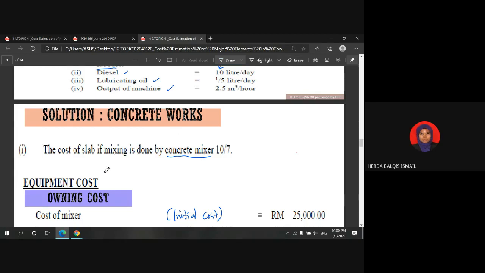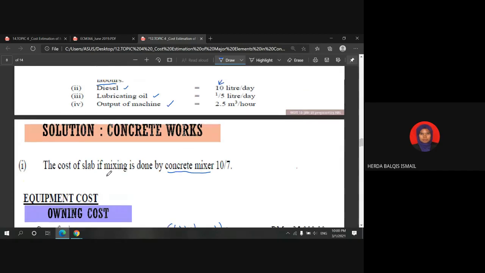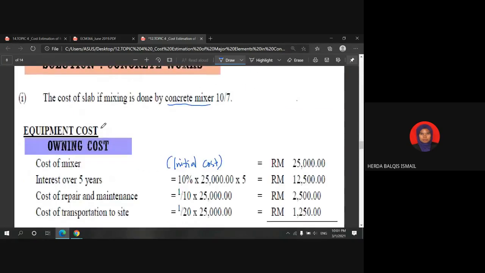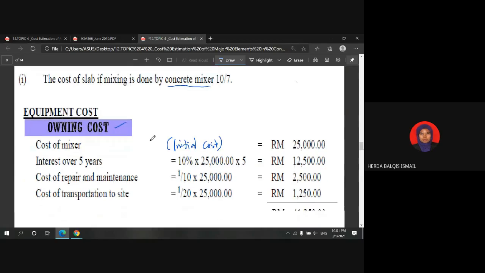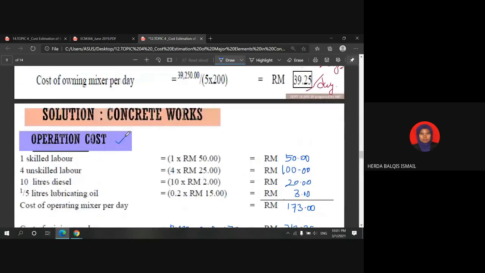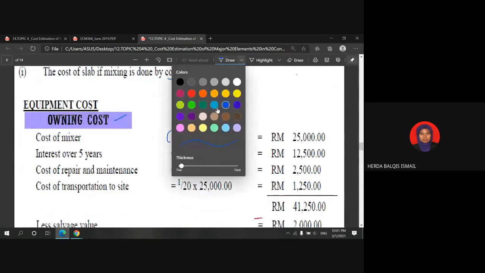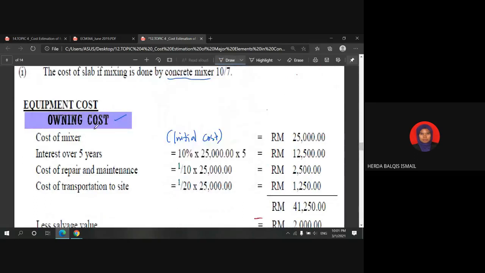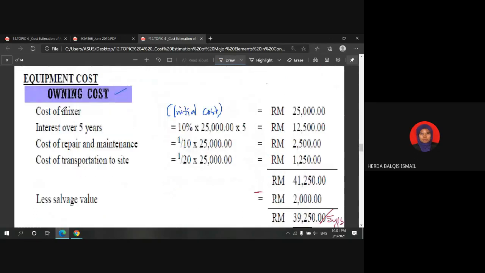Like I mentioned previously, under equipment cost, to get the mixing cost by using the equipment, you need to calculate the owning cost and also the operating cost. So we will look one by one here. Under owning cost, you need to include this cost of mixer.